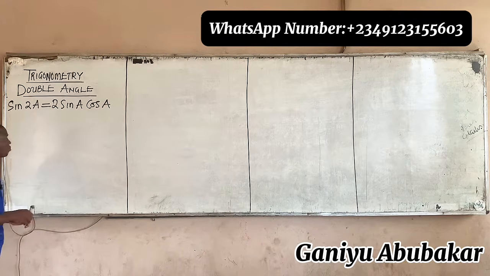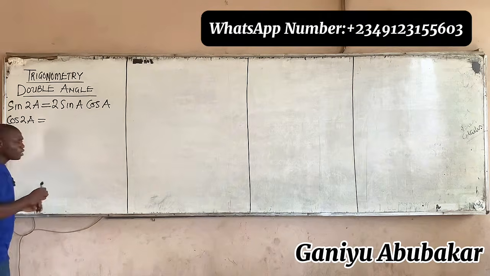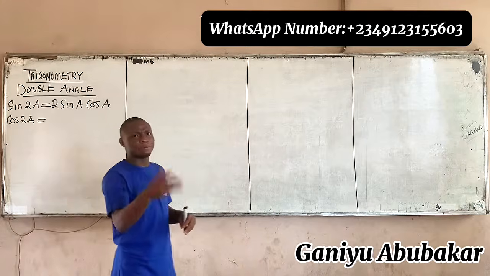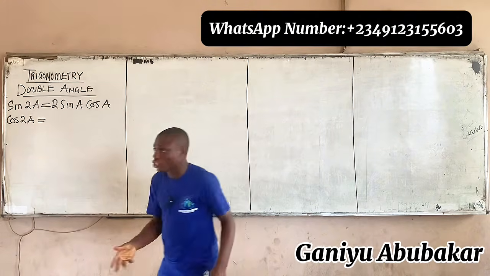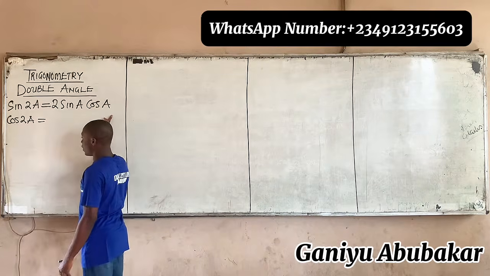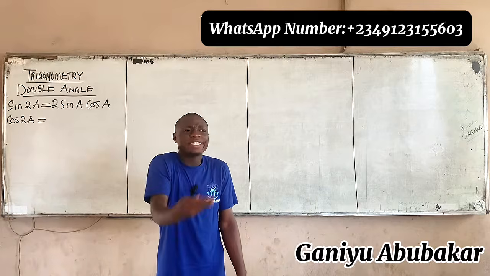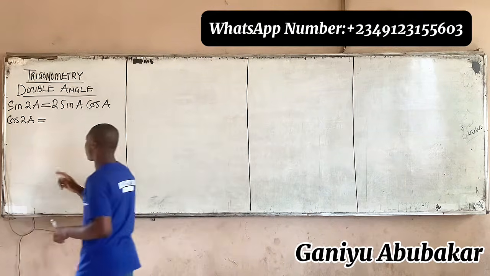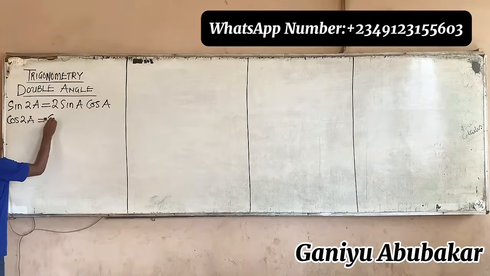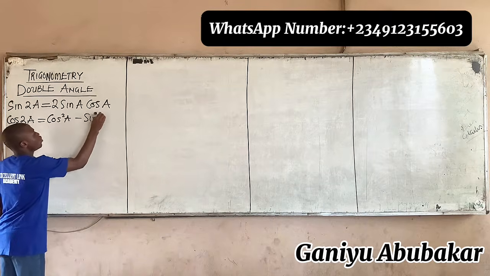That's for sine. For cos 2a, there are three expressions, while for sine 2a there's just one, which is 2 sine a cos a. The first expression for cos 2a is cos squared a minus sine squared a.